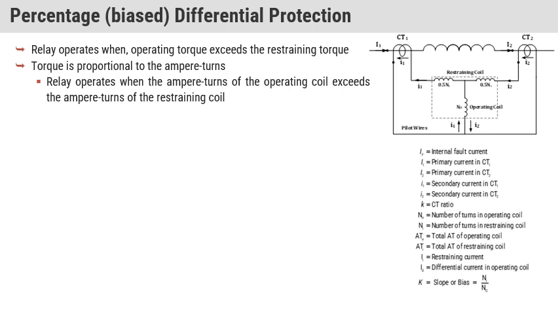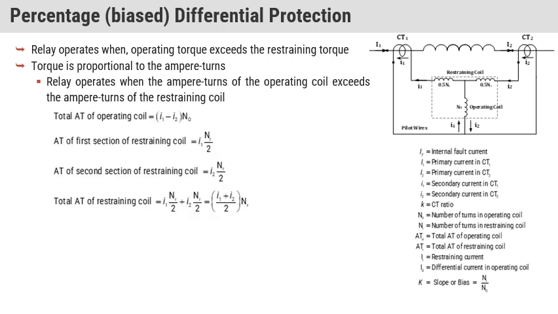So the relay operates when the operating torque exceeds the restraining torque. Now we have another type of torque, the restraining torque, so our relay will operate only when the operating torque exceeds the restraining torque. Torque is proportional to the ampere turns. The relay operates when the ampere turns of the operating coil exceed the ampere turns of the restraining coil.